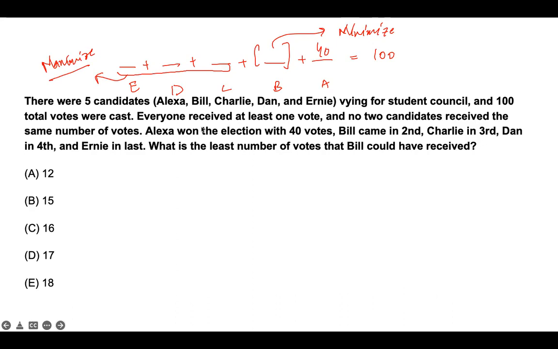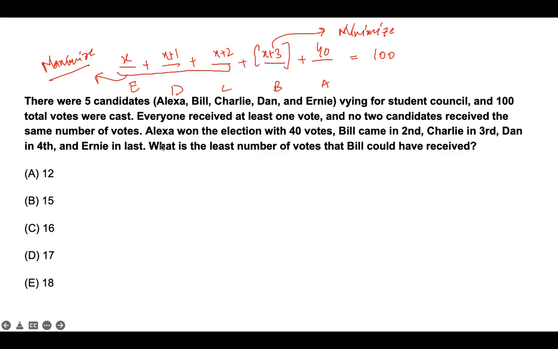For example, assume this as x, the maximum value of this. This has to be 1 greater than that, because all of these are distinct integers. So this will be x plus 1, and this will be x plus 2. Whatever the maximum value of this, it has to be greater than this and less than this, and for now I take x plus 3.